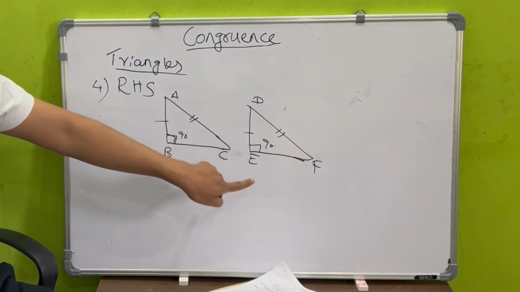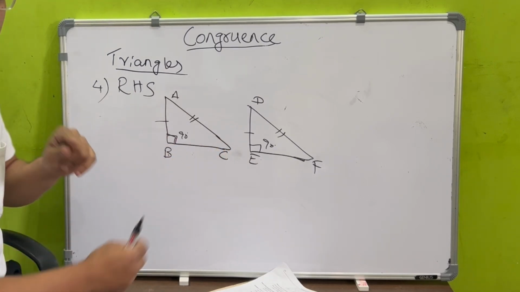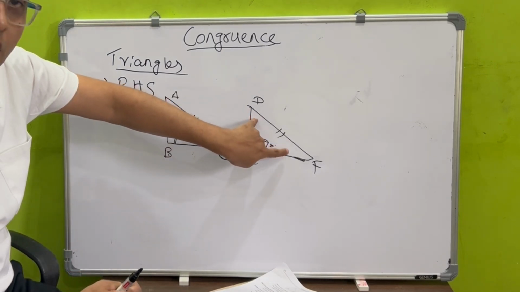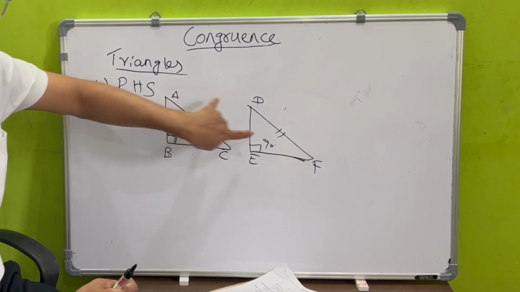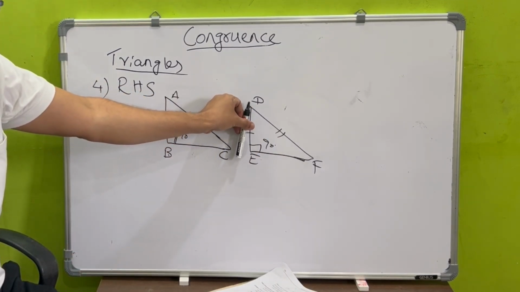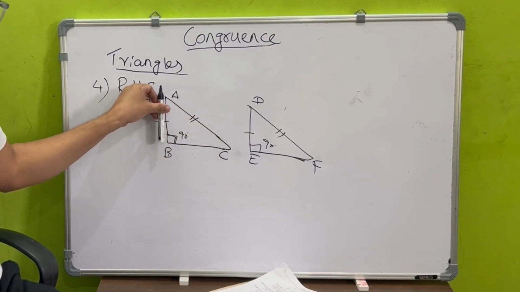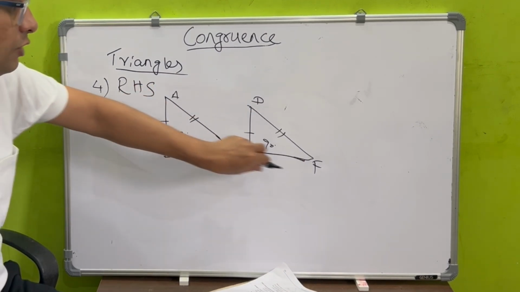So two right angle triangles are said to be congruent if the hypotenuse is equal and also one of the sides is equal, either DE equal to AB or BC equal to EF.